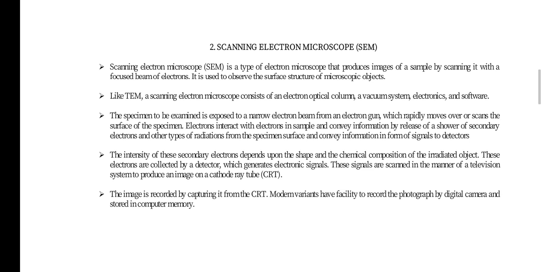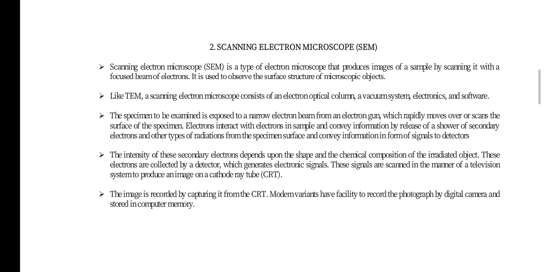Electrons interact with electrons in the sample and convey information by release of a shower of secondary electrons and other types of radiation from the specimen surface, and convey information in the form of signals to the detector.